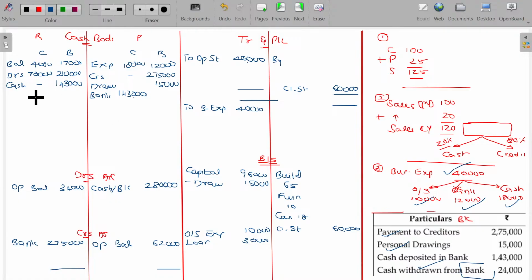For the cash, it's a receipt of 24,000. For the bank, it is a bank payment of 24,000. Under that, this will be called cash contra. Under this, bank 24,000 contra. Is that clear? Hope now you'll be able to understand all these things.